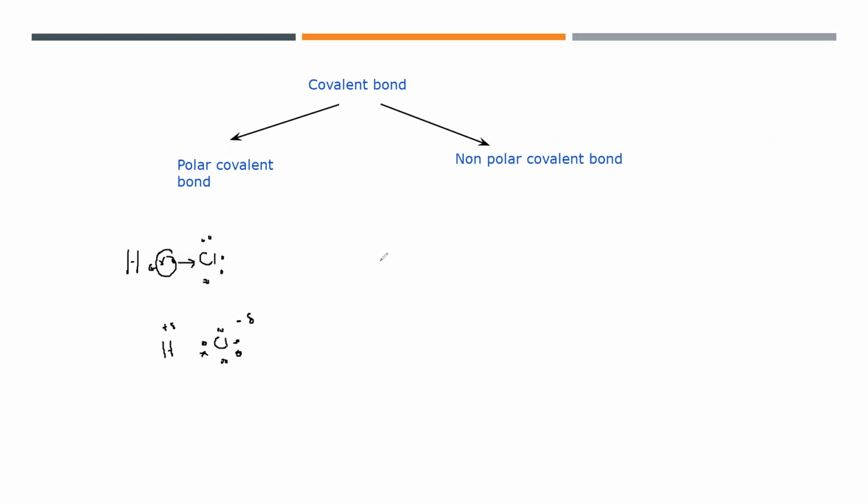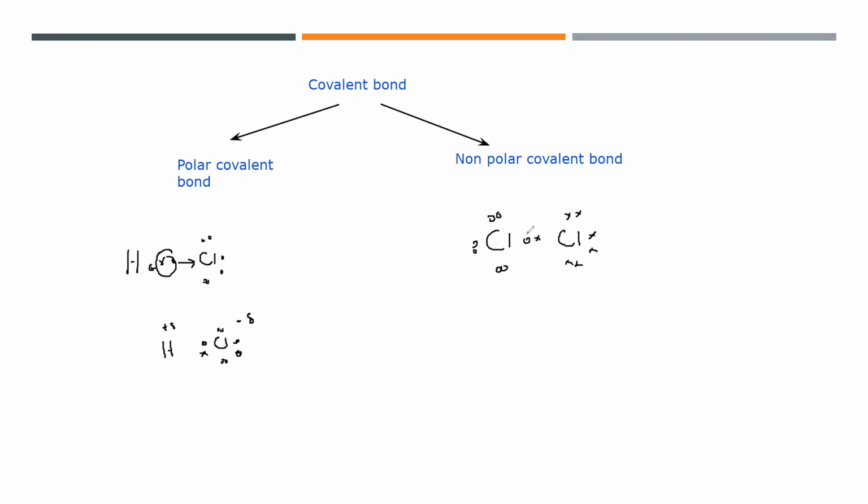But if there is no difference in electronegativity, for example, a chlorine forming a bond with another chlorine, I represent the electrons of the two chlorine atoms with dots and crosses.